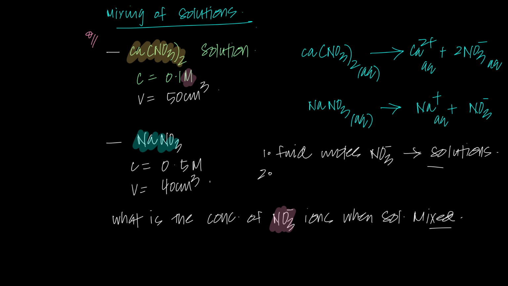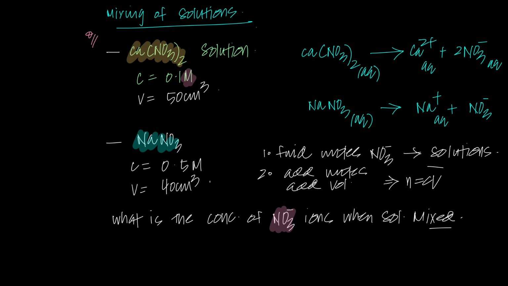Then when we mix them, we add the moles, we add the volumes, and we end up with concentration by using n equals CV. This V is the total volume of the resulting mixture, which is 40 plus 50, and these moles are the sum of the moles from both solutions.